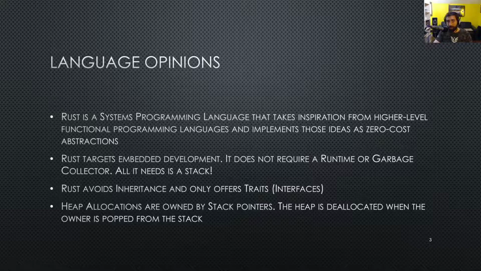So Rust is a systems programming language that takes a lot of inspiration from some higher level languages. Compared to other systems programming languages such as C, which has a very imperative programming style and opinion, or C++, which is multi-paradigm but pretty darn complex, Rust has a lot more modern conventions.